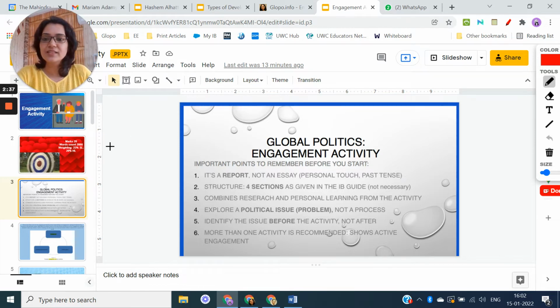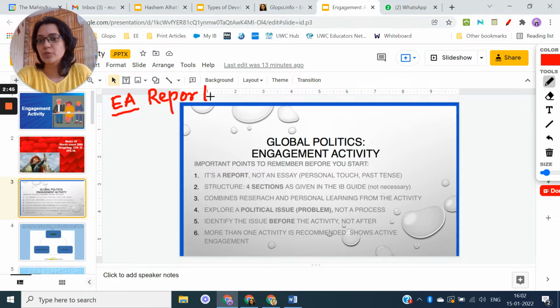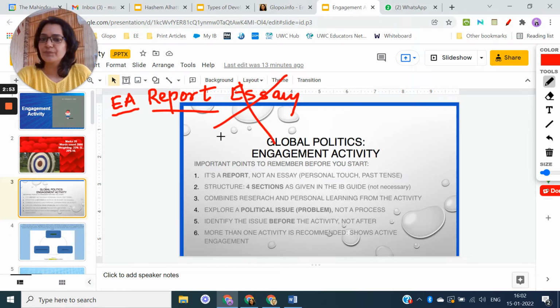So what is this? As you can see, the name of this one is engagement activity report. Mind this word report over here. This is not saying essay. So this is different from your essay, because in an essay you are not using your pronouns, you are using formal statements, and you are not revealing your identity at all.